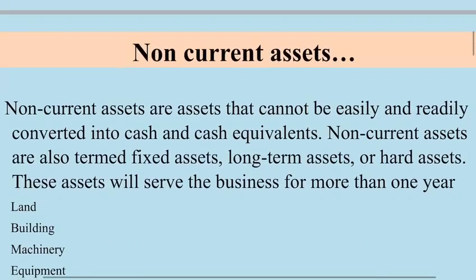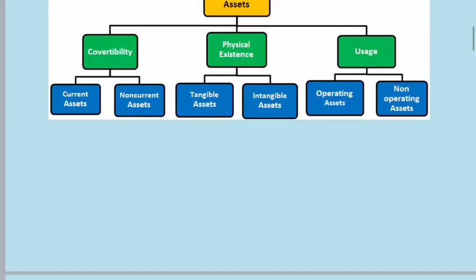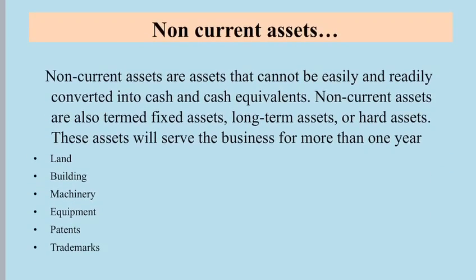Let us move ahead. On the basis of convertibility, I told you assets can be classified as current assets or non-current assets. Current means near term, for the present. In a business organization, current means anything which happens within a year. So if I say non-current, that means anything which is used after 1 year.